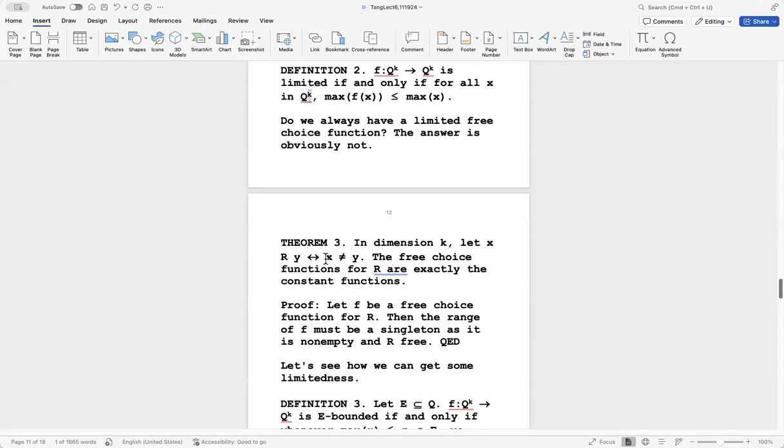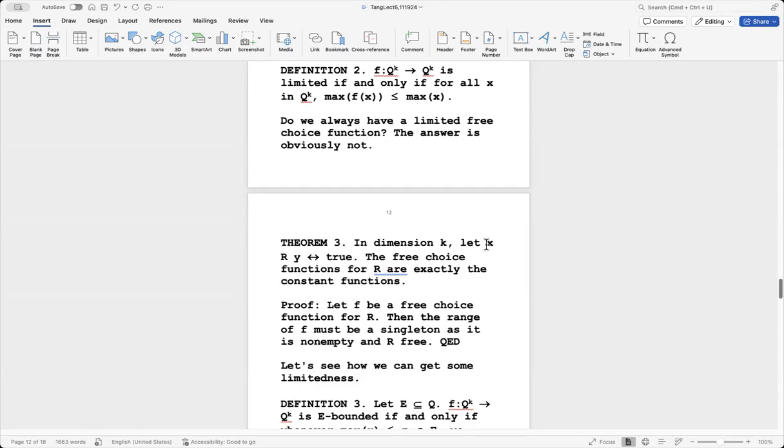Let x R y if and only if true. Sorry. The free choice functions are exactly the constant functions, because the range has to be free, so they can't possibly have more than one element. So how about this?